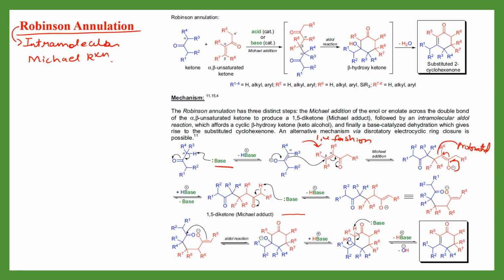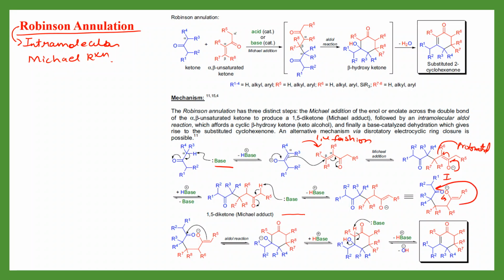Now see, by looking at the structure you can see that there are various possibilities for further reaction. So the base is there in the medium. The base is going to abstract a proton. It can abstract from the left side, it can abstract from the right side also. Let's say it has abstracted from here, will form an enolate, and then this enolate is going to attack in intramolecular fashion.